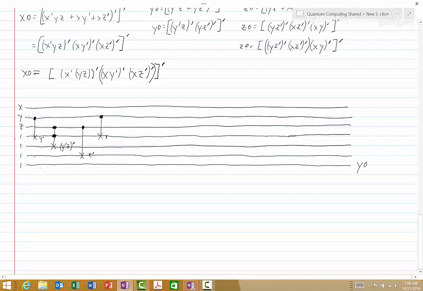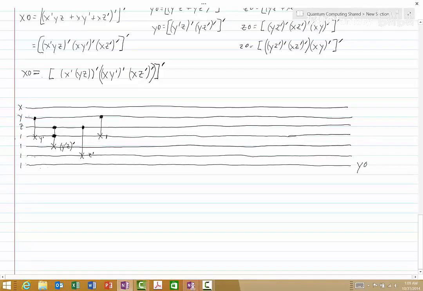So why don't we go ahead and take that approach? If we put this controlled NOT gate here, notice that this Y prime that we created on this line is not getting changed by this gate or this gate. So if we put another controlled NOT gate here, that will give us back a 1 on that line. And now we have the NAND of Y prime Z on this line, and we have Z prime here.